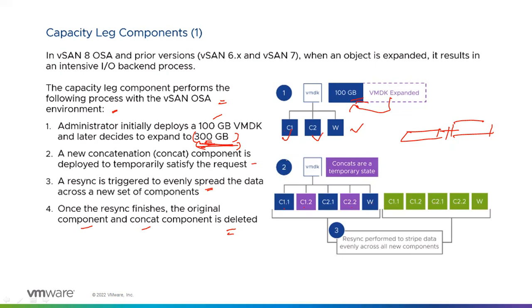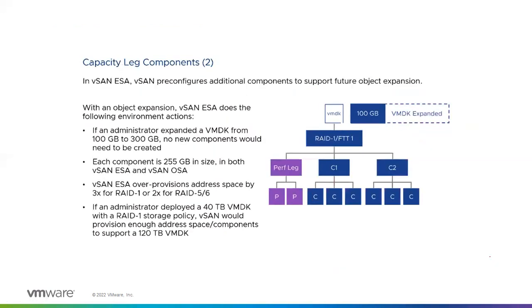Parent means, for this temporary one, C1.1, later on it will become the entire C1, and the entire C2. The same way here, C1 and C2. The capacity component is my main one; finally, my data is going to be written into the capacity tier.